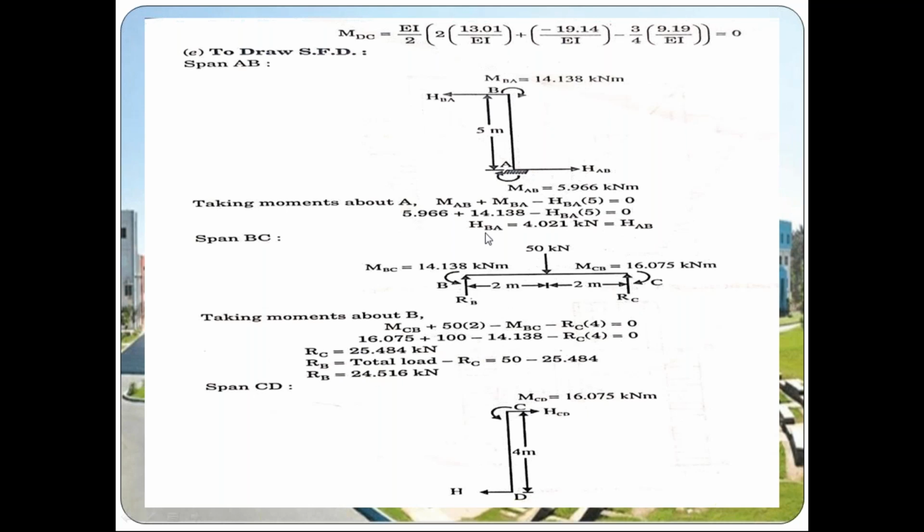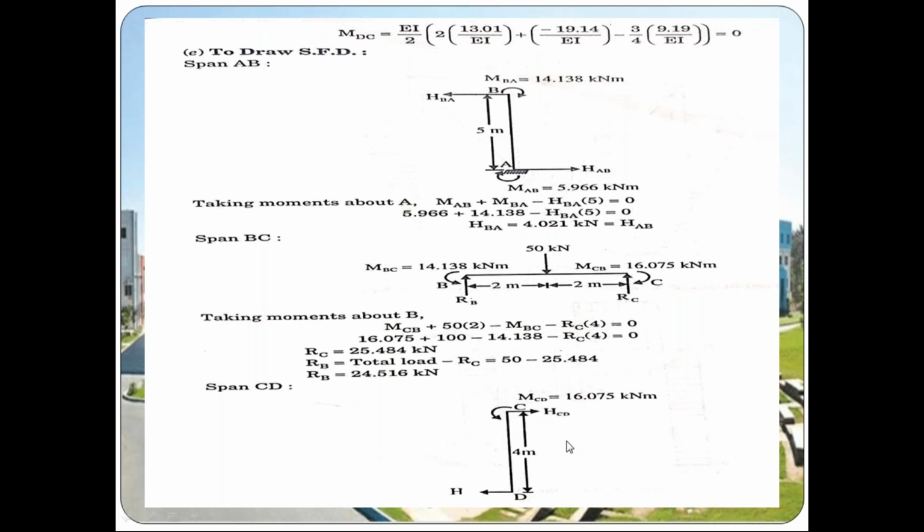Next, in span CD, similarly to what we solved in span AB, we are going to solve span CD. We assume the reaction at joint D in the left side direction, and at joint C in the right side direction. We have a moment at joint C only, MCD equal to minus 16.075, which is anti-clockwise, so we put it in the anti-clockwise direction.